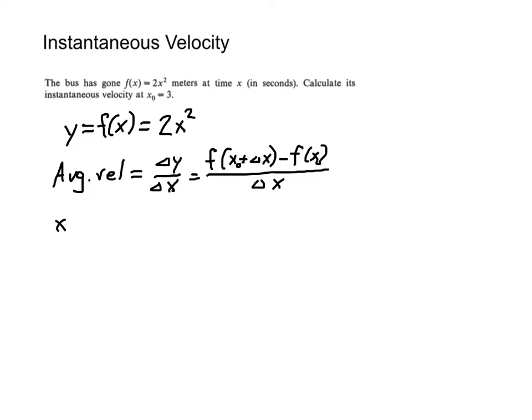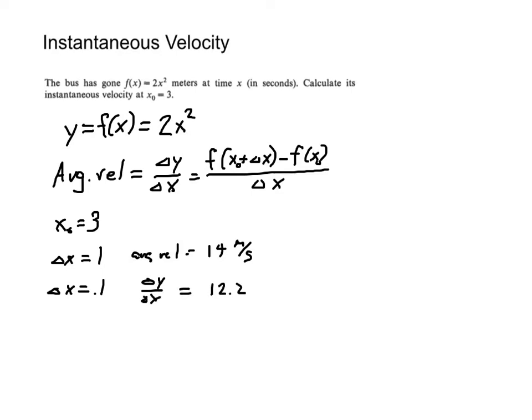We let x of 0 equal 3 seconds, and then we looked at the average velocity between 3 seconds and 4 seconds, which was delta x equals 1, and we saw that the average velocity was equal to 14 meters per second. Second, we looked at a value of delta x equals 0.1, so we're finding the average velocity between 3 and 3.1 seconds, and then the average velocity, delta y over delta x, was equal to 12.2 meters per second.